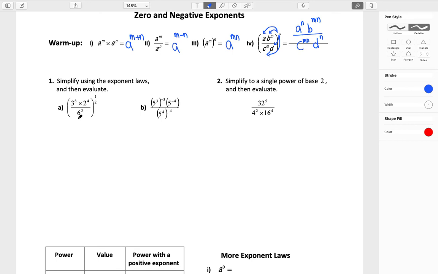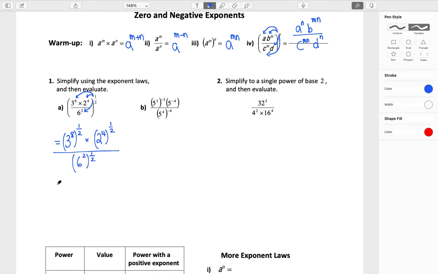So what I'm going to do is just apply the power of a power to the base of 2, to the base of 3, and to the base of 6. So it will be 3 to the 8 to the power of 1 over 2, times 2 to the 4 to the power of 1 over 2, over 6 squared to the power of 1 over 2.